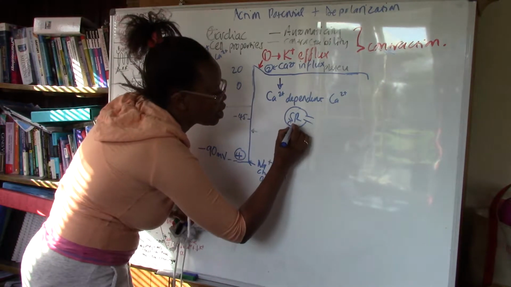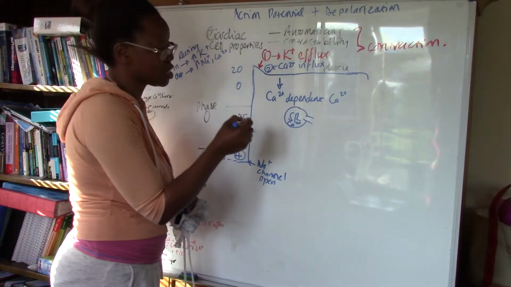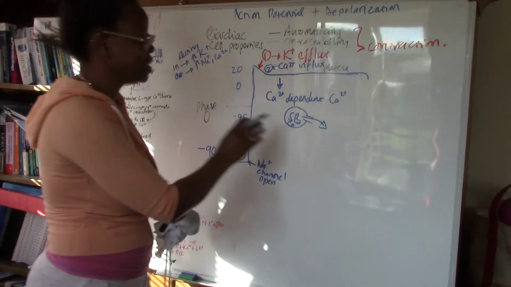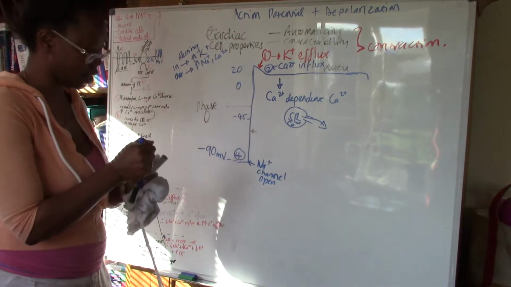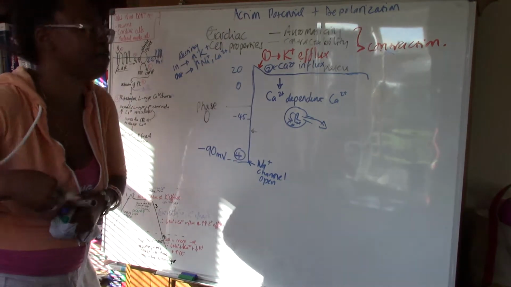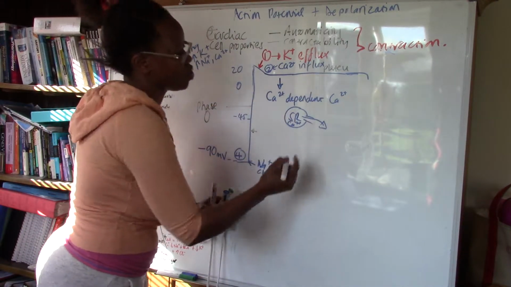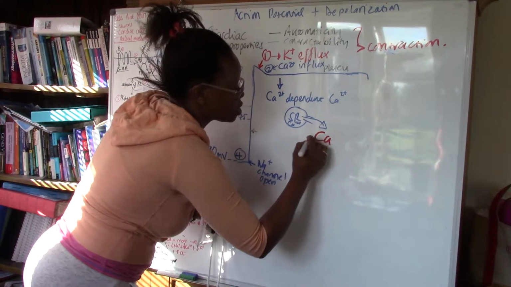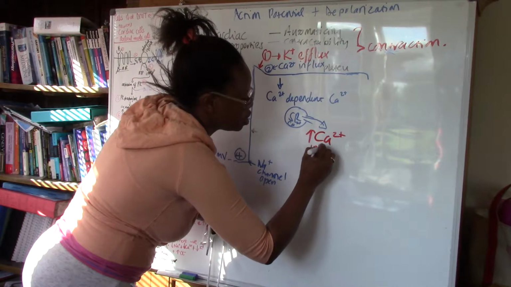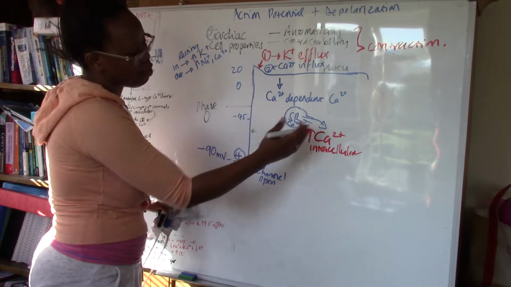The sarcoplasmic reticulum is a calcium-rich store. So it opens up and releases even more calcium into the cell. And this calcium, which comes from the sarcoplasmic reticulum, is the calcium that we actually use for contraction. So we get increased intracellular calcium, and this calcium becomes available for muscle contraction.